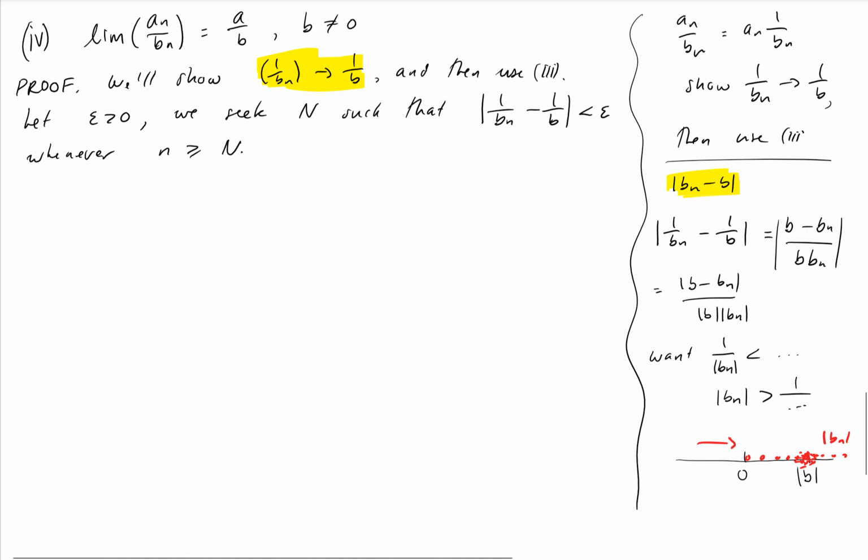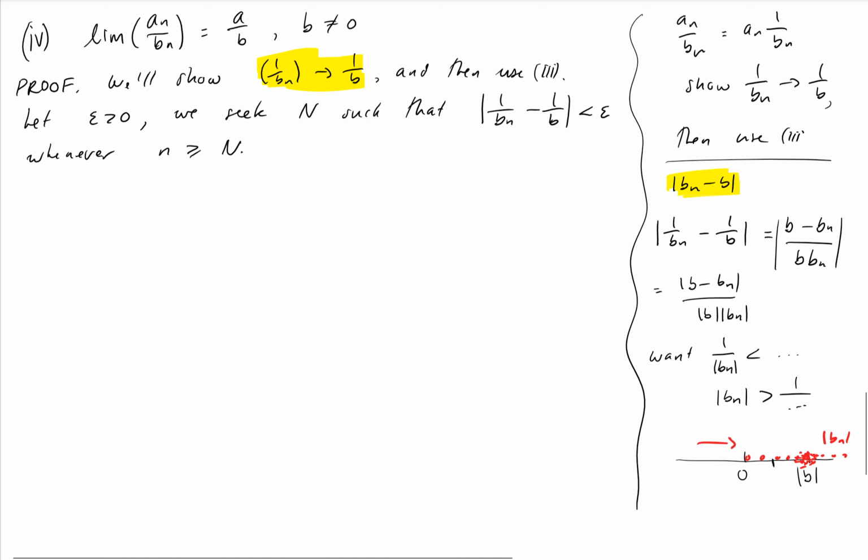So what that means is actually, we just need to find some number that's lower than the absolute value of b, and eventually all of our sequence terms will be greater than this number. This is by virtue of the fact that bn converges. Okay, it has to be. So this is like the epsilon for the convergence of bn.